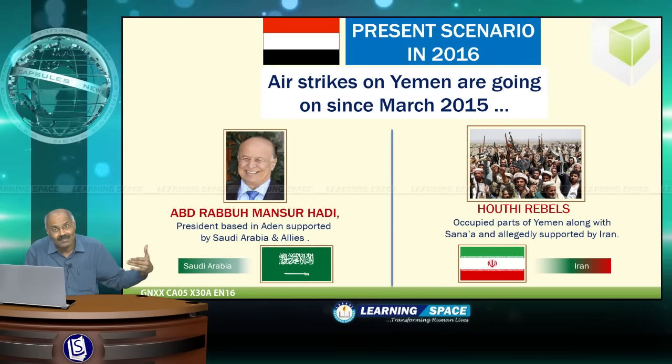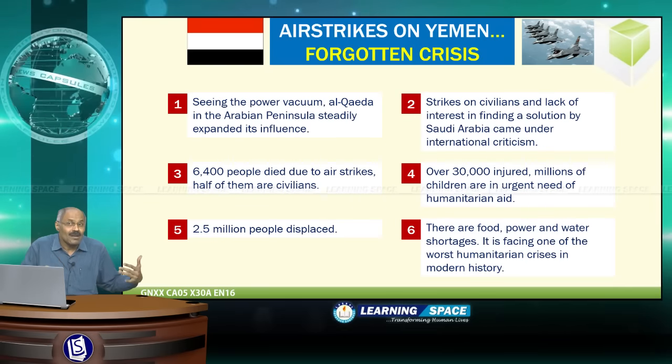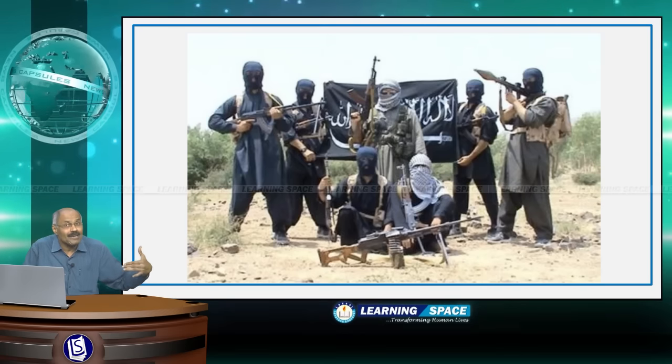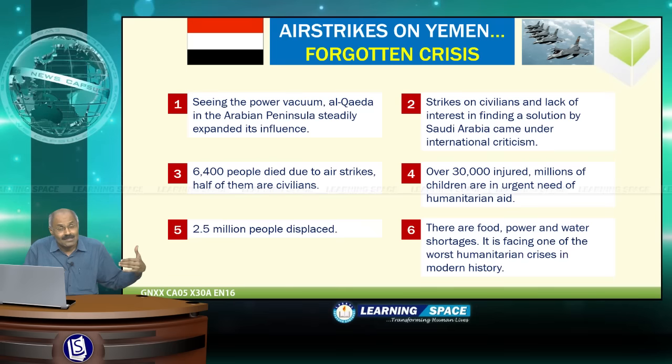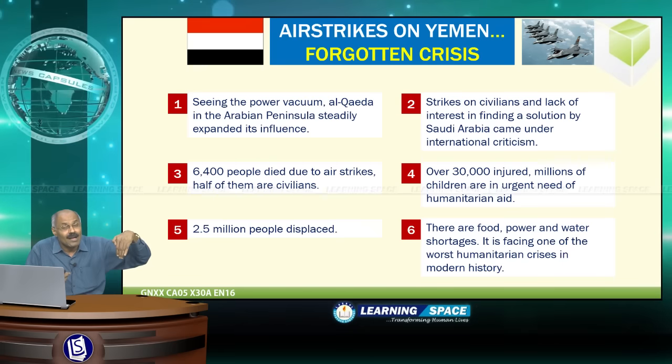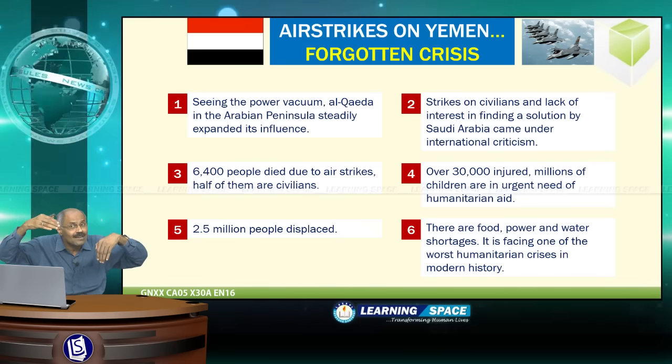And if you look at the present scenario, seeing the power vacuum, Al-Qaeda in the Arabian Peninsula is steadily expanding its influence. Seeing the vacuum in Syria, Islamic State captured almost one third of Syria, and similarly, seeing the power vacuum, now Al-Qaeda in the Arabian Peninsula is steadily expanding its influence. It is the most dangerous trend.